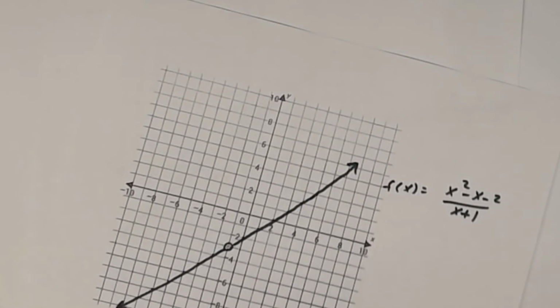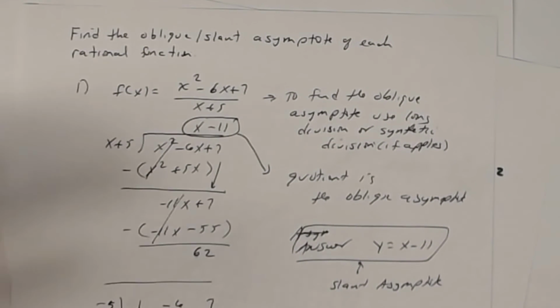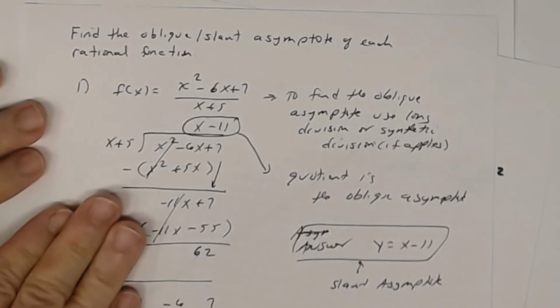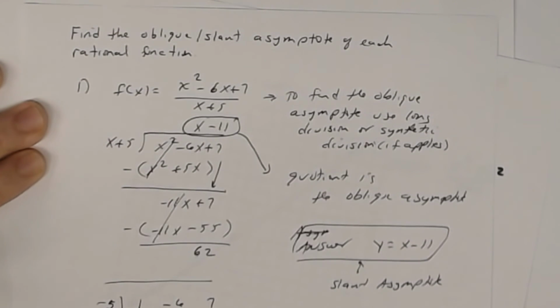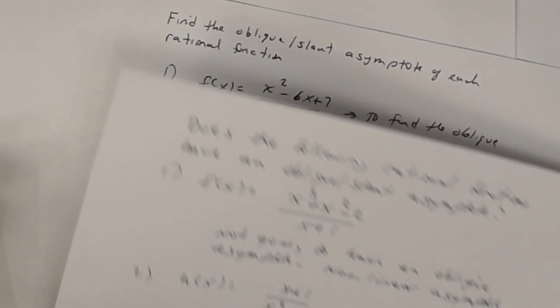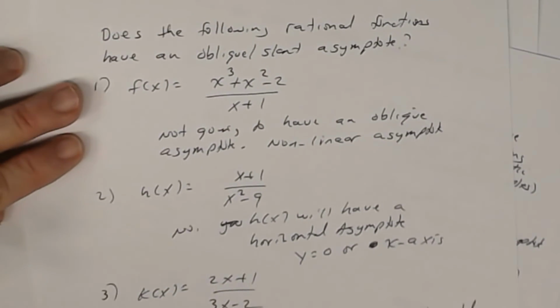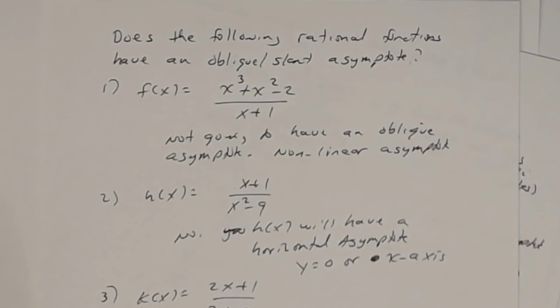So that is how you're going to find the oblique slant asymptotes of each rational function. So you know how to find it, use long division, and you know how to determine if a rational function has an oblique asymptote. All right, so that's the end of this lesson.